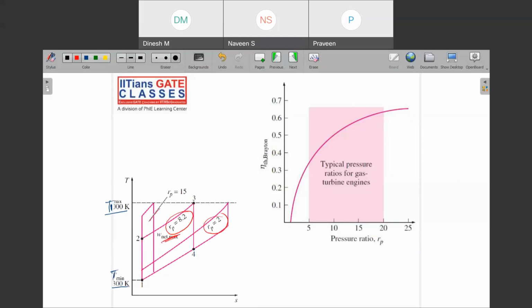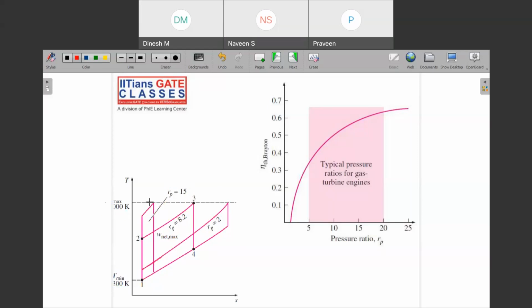But in this diagram, when your RP value is 15, your W net value is very less. Why? Because we have seen that W net is the net area of this curve. Can you see that the net area of this curve is less compared to these two? So that is why when you have increased your pressure ratio, your net work always decreases.